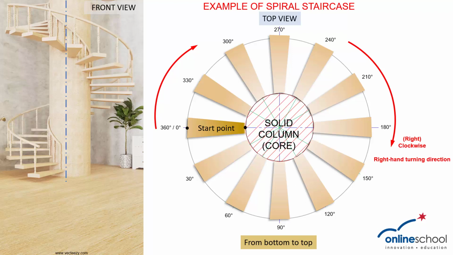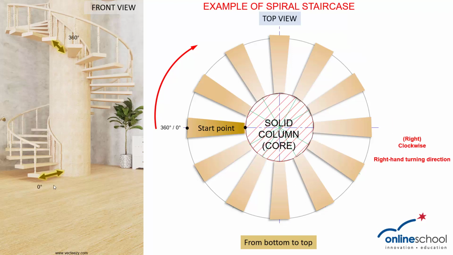On this illustration we clearly see the turn of direction, which is a right-handed turn or a clockwise direction. And we also see the labels of our turn going in the opposite direction to that of the turn. This is because we are moving from the bottom to the top.